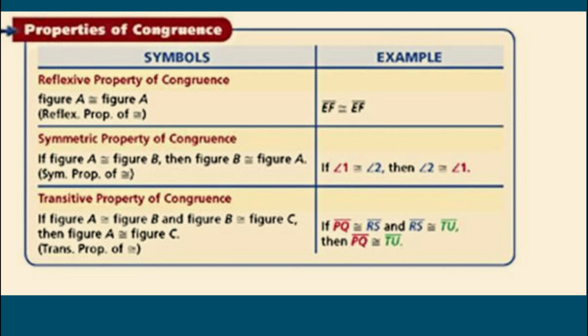So A would have to be congruent to C. And that's because both A and C are congruent to B. If you remember when we were doing the substitution method for the systems, it's the same idea. Sometimes we would say that y is equal to something and y is equal to something else. And then those two something else's were equal to each other. Hopefully that kind of makes sense, what I'm talking about.